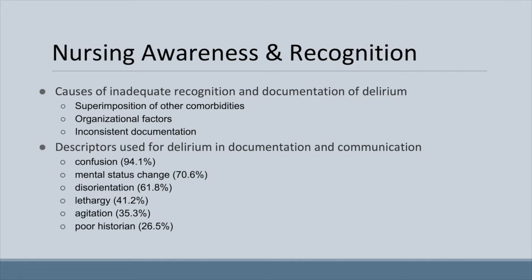Nurses' awareness and recognition of delirium is vital in reducing delirium in elderly patients in a hospital setting. In order to implement interventions or treatments, nurses need to first realize the significance of elderly delirium and effectively recognize the signs and symptoms of delirium among those elderly patients.